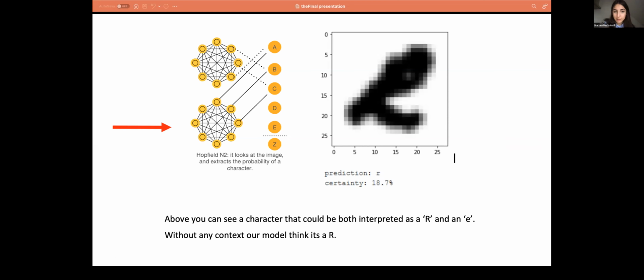Basically, this second Hopfield network does what you did when we showed you this particular letter and you said it was going to be R. Because the boundaries are not always very clear, it has several versions, and it compares the patterns that it extracts to every letter from the 26-letter alphabet, produces the certainty rates for every one of them, and finally outputs the highest certainty. So in this case, the highest certainty rate would be for the letter R, as also in your case.